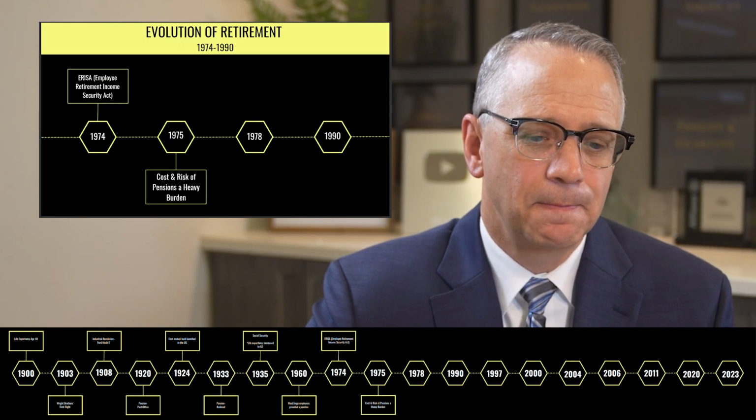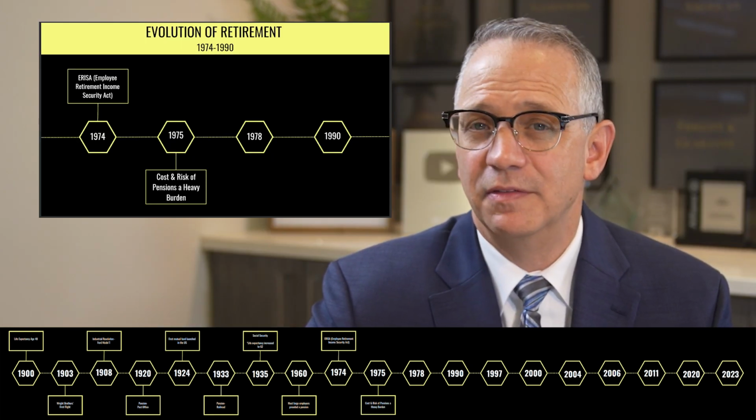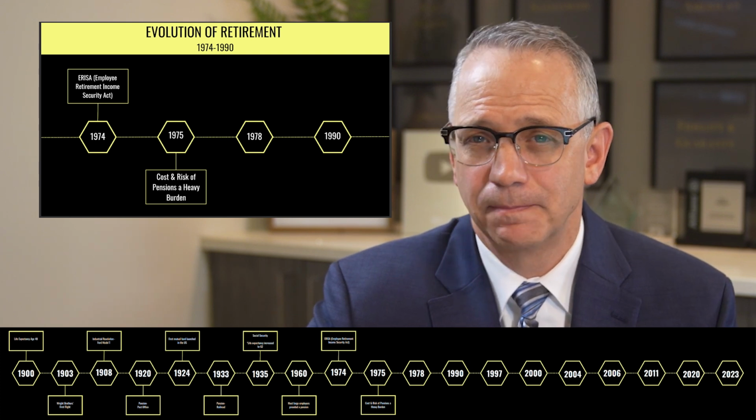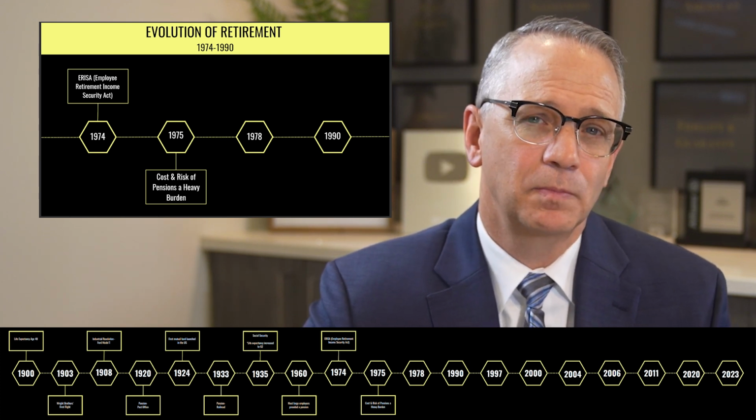But fast forward to 1975, and the cost of offering pensions by these companies was becoming a very heavy burden, right? And so the companies offering the pensions were looking for a way to reduce the risk, reduce the expense.